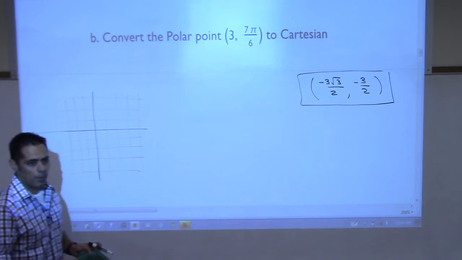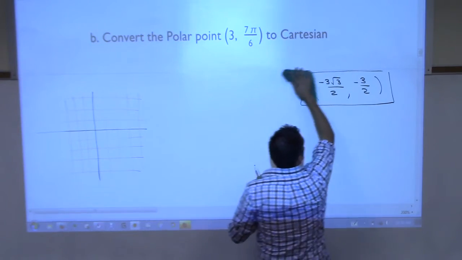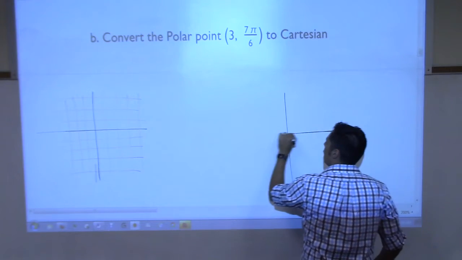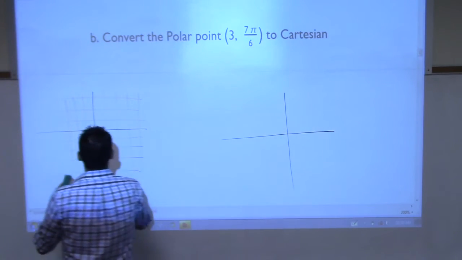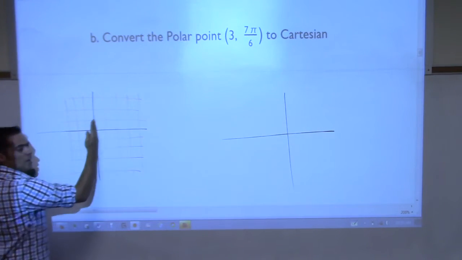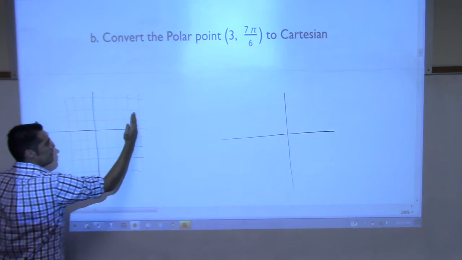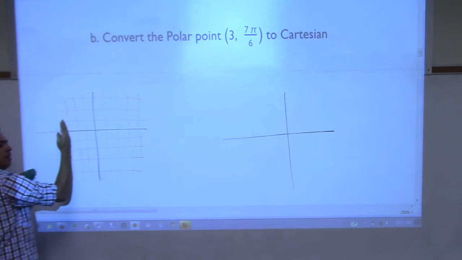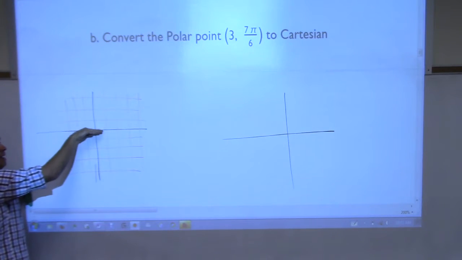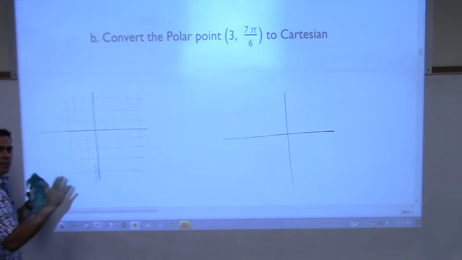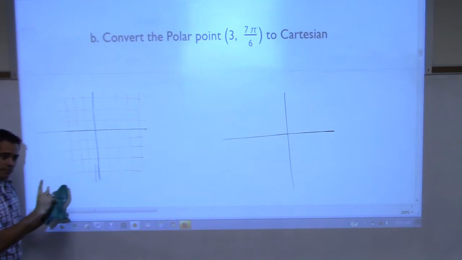Now there's something called polar graph paper. The way it works is, think about it this way. These vertical lines here are integer increments of x: 1, 2, 3, 4, negative 1, negative 2, negative 3. Then y, 1, 2, 3, negative 1, negative 2, negative 3. So they're increment values of x and y.